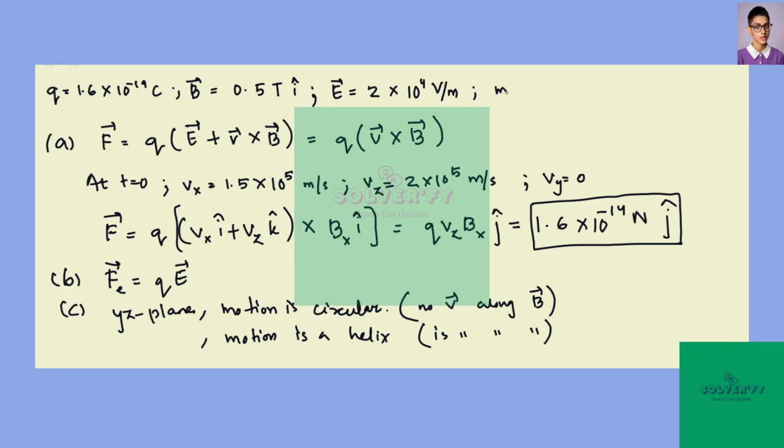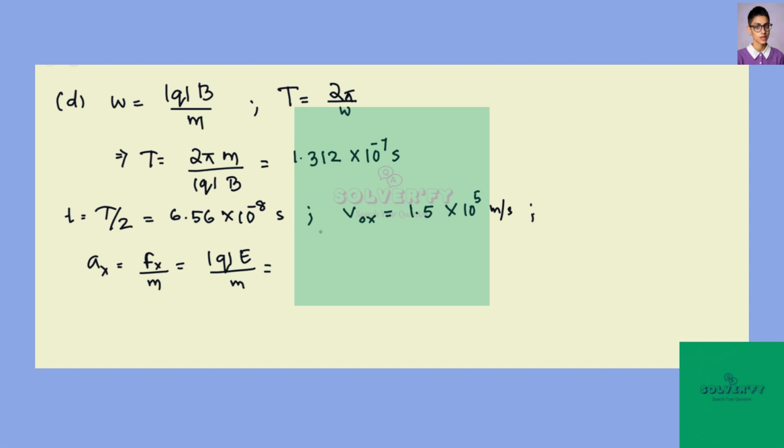The mass is 1.67 times 10 to the power minus 27 kg. This is the mass of the proton. So we use those values to solve for the acceleration along the x direction, and we get that value to be 1.916 times 10 to the power 12 meter per second square.